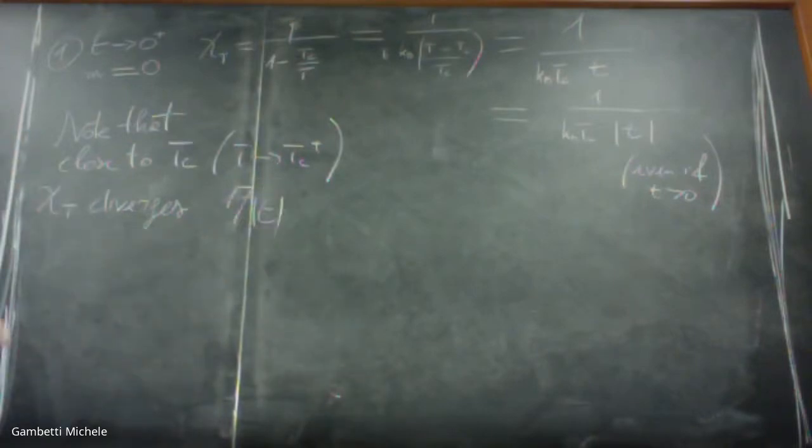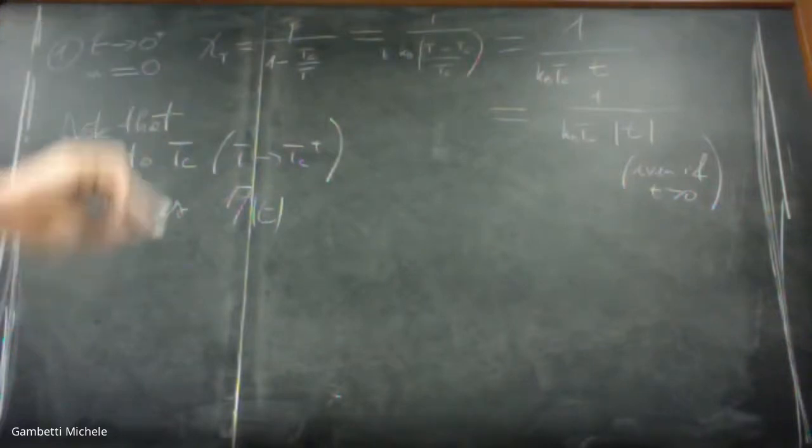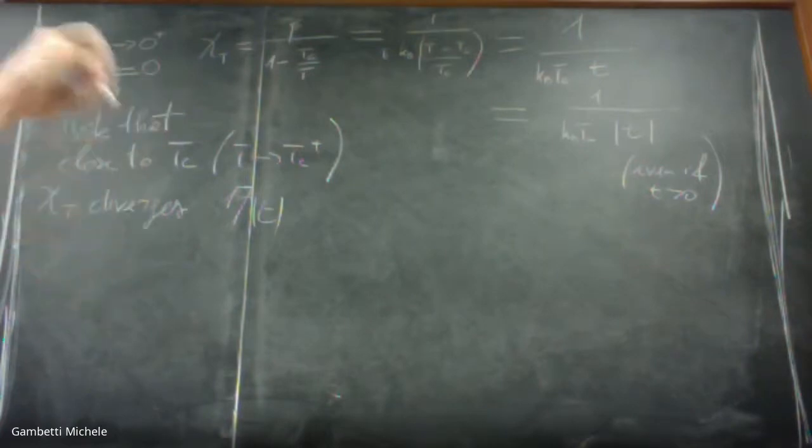And this corresponds to the fact that when I was plotting at T equal to Tc m as a function of h, I was plotting a curve having an infinite derivative at h equal to 0.